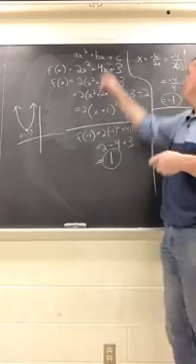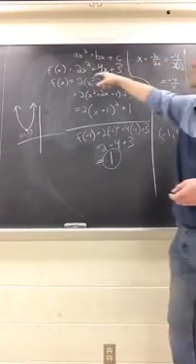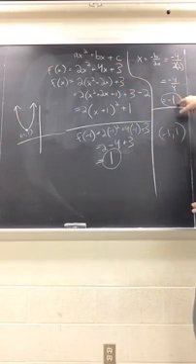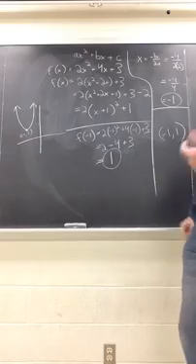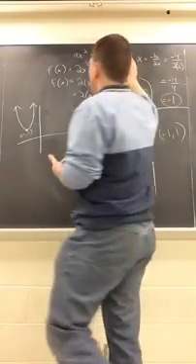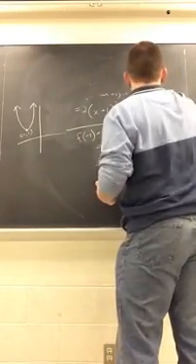Or use this shortcut. The x value of your vertex is negative b over 2a, as long as it's in standard form. Plug in b and a, get the x value of your vertex, take that, plug it into your function, find the y value, and you're done. So maybe one more example and then an application just so we can see this in action.